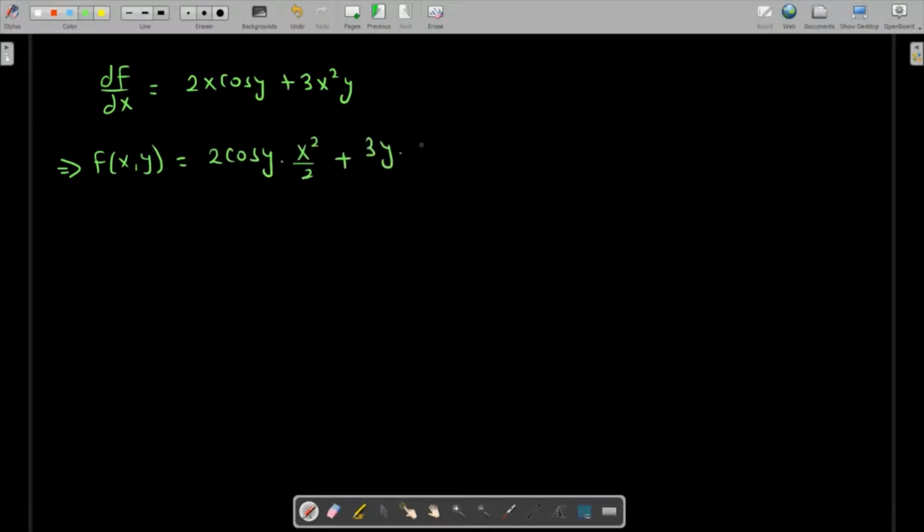Likewise, 3y would be treated as a constant, and integration of x square would be x cube over 3. And after integration, rather than inserting a constant of integration, we have to insert a function of integration, which should be a function of y. So the simplified version would be f is equal to x square cos y plus x cube y plus b(y).